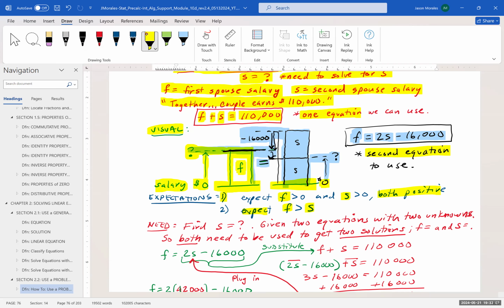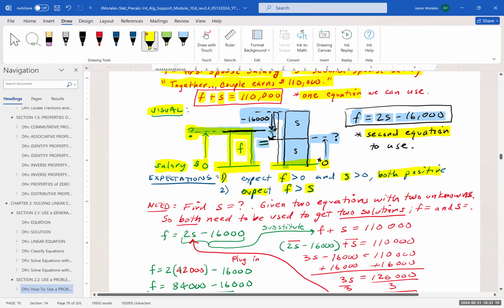Okay, so let's move on to actually solving for F and S. So what we really need is to find the amount of the second spouse. Given that we've got 2 equations with 2 unknowns, we need to use both in order to get 2 solutions, to find what F is and to find what S is.